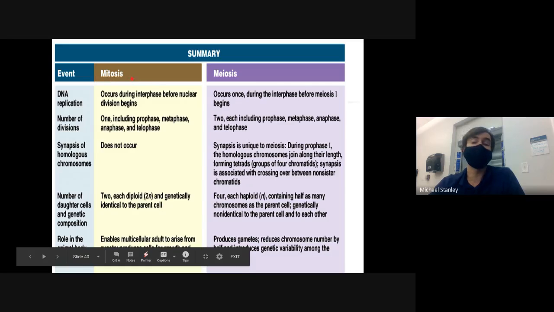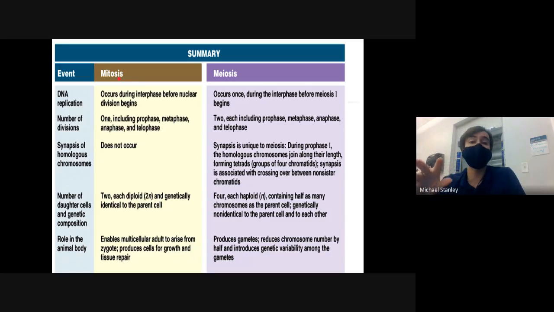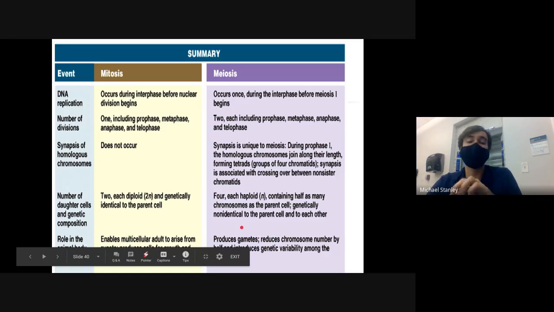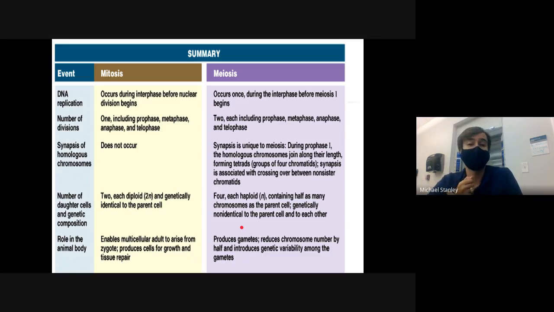So mitosis is your normal, average, everyday, happens all the time, makes new cells, division. Meiosis is specialized. It only occurs in the sex organs of an organism, and it is only used to produce gametes. So it's only used to make sperm cells or egg cells when we're talking about animal reproduction.